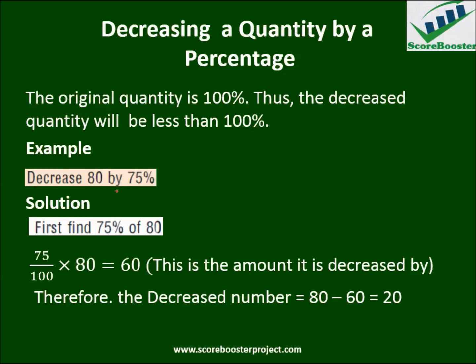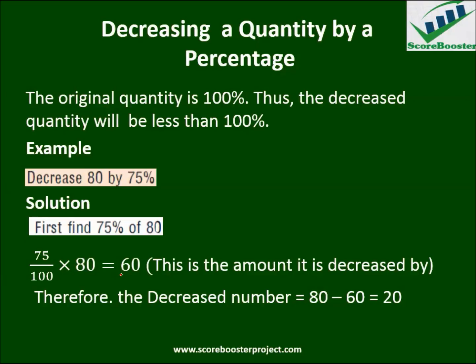Decrease 80 by 75%. We can first find the 75% of 80. So we are decreasing by 75%, so the decrease is 75% of 80, which is 75 over 100 times 80. When you simplify this, you have 60.